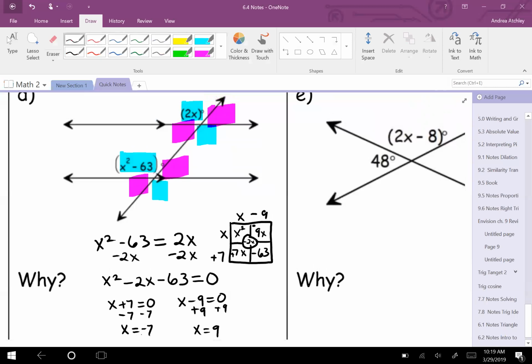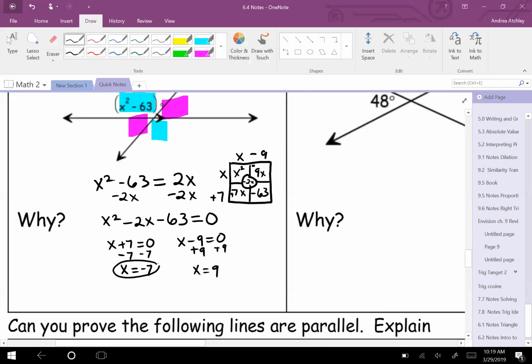Negative 14. Can an angle measure negative 14 degrees? No, not in this scenario, okay? So this is what we call an extraneous solution. It doesn't apply to this scenario. So our only answer is 9. You always have to check your answers within the context of your problem. Okay?